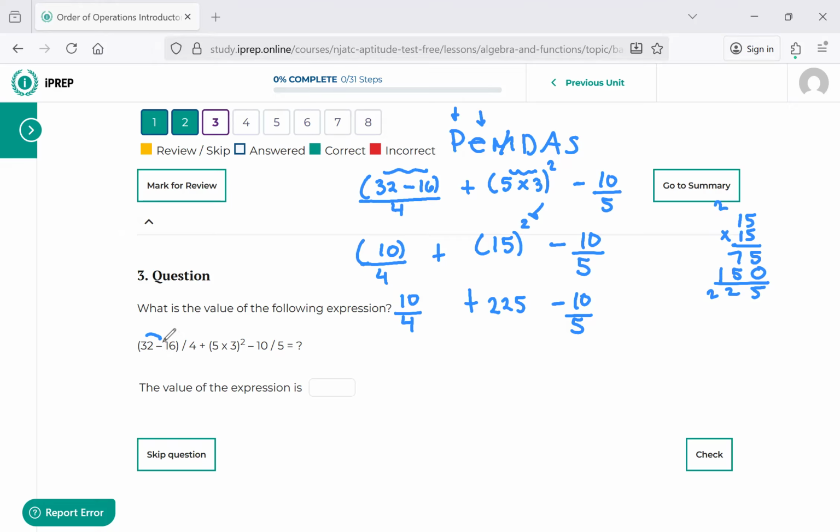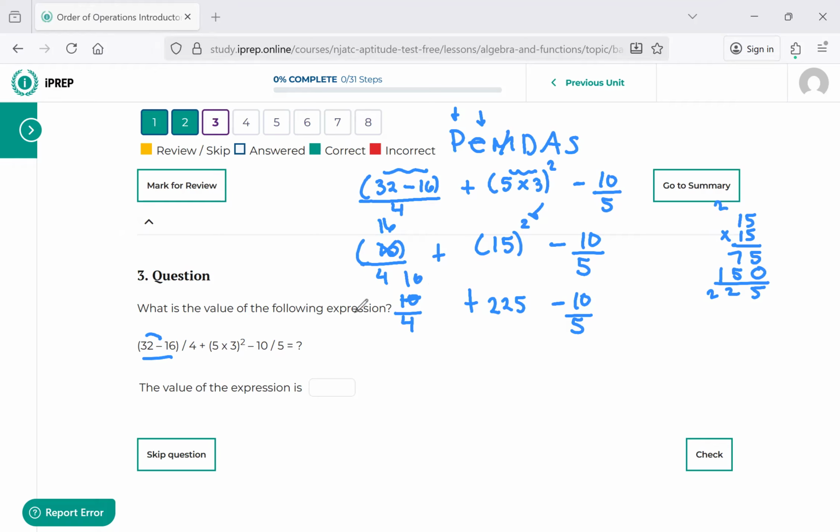Oh, no, no, no. My bad. I was looking at the wrong one. No, I made a mistake right here. What is 32 minus 16? Not 10, right? It is 16. So the mistake I made was right here. 32 minus 16 is not 10. It is 16.